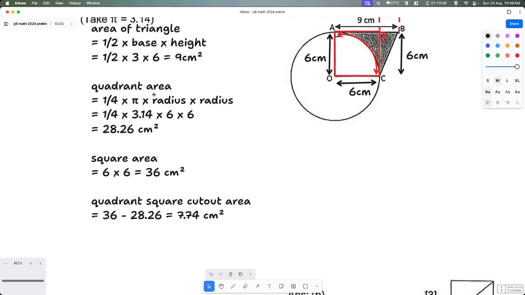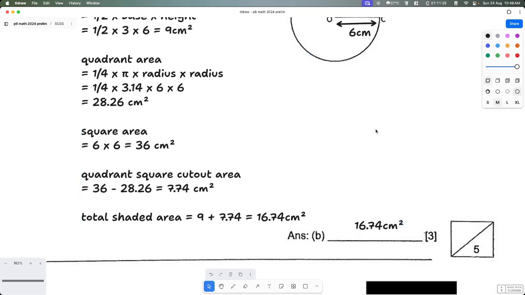So now we can get the total shaded area. Total shaded area is equal to the area of the triangle, 9, plus 7.74, which is 16.74 centimeters squared. All right, there you go. So that's the answer, 16.74 centimeters squared.